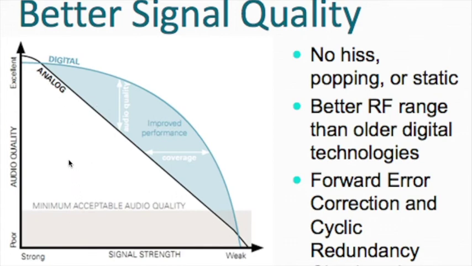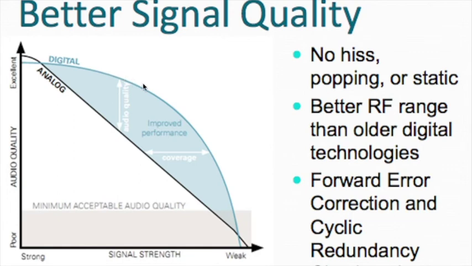We've noticed that that's a pretty sharp line as it goes down. Well, in digital, and we're going to talk DMR here, as I move further out away from the repeater, you'll notice that my drop in signal strength and audio quality is more of a curve than a straight line.